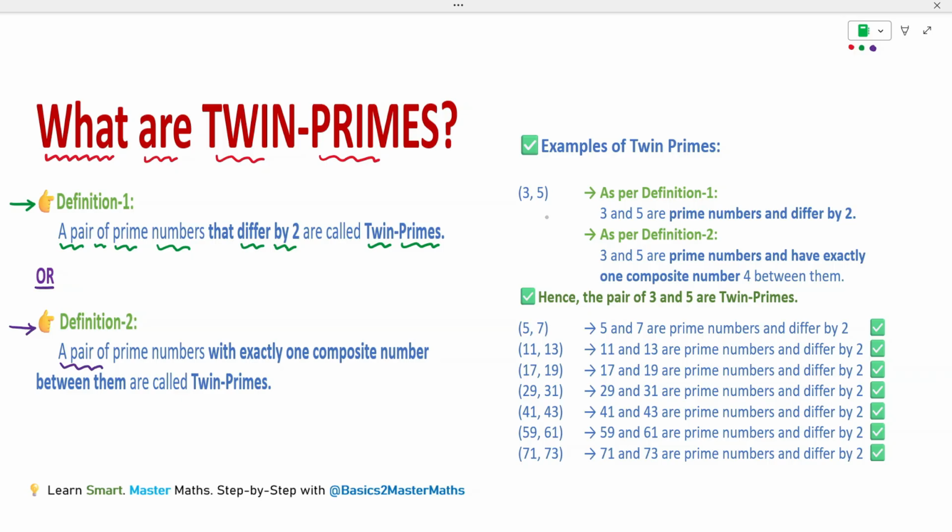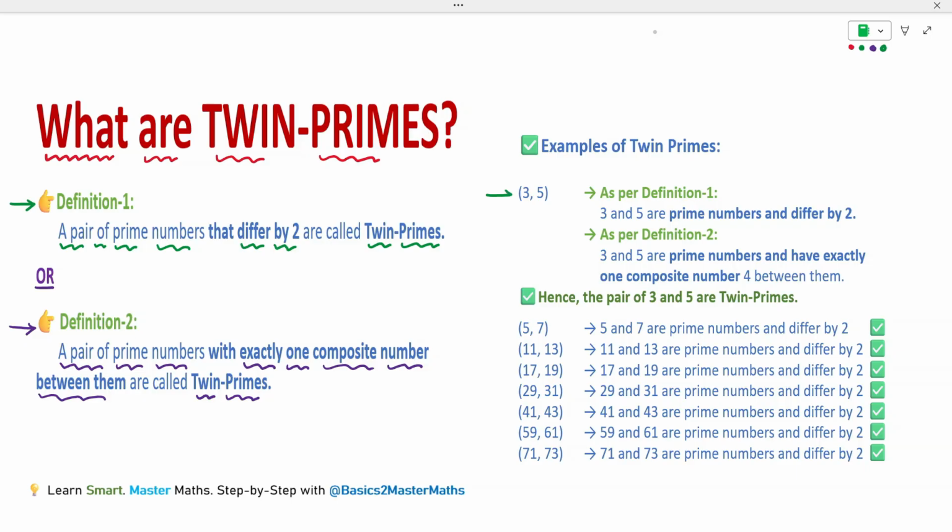A pair of prime numbers with exactly one composite number between them are called twin primes. Got it?